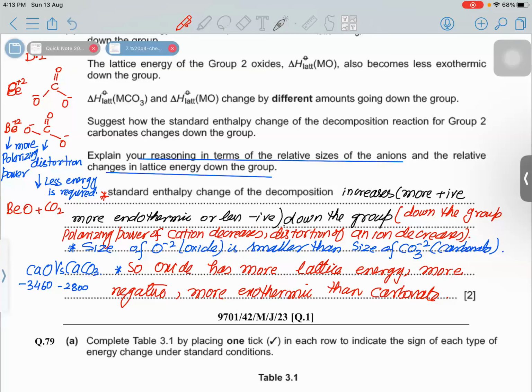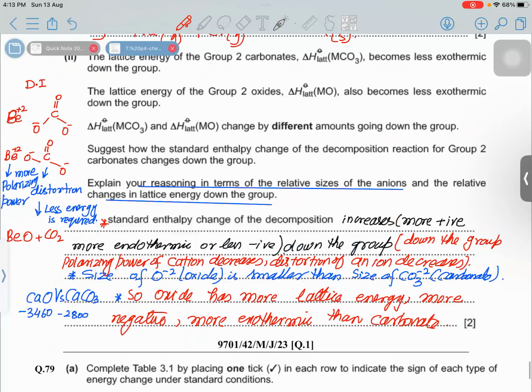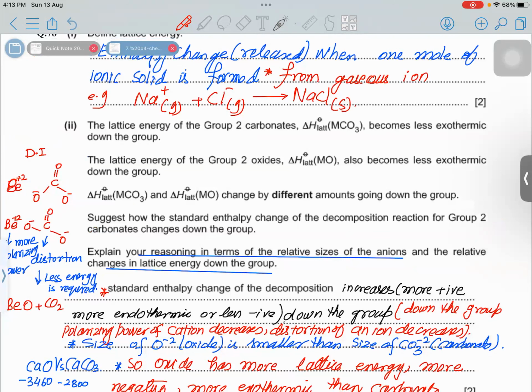Okay, sir. Lattice energy of group 2 carbonates becomes less exothermic down the group. Less exothermic means less energy is released. Similarly, lattice energy of group 2 oxides also becomes less exothermic down the group.